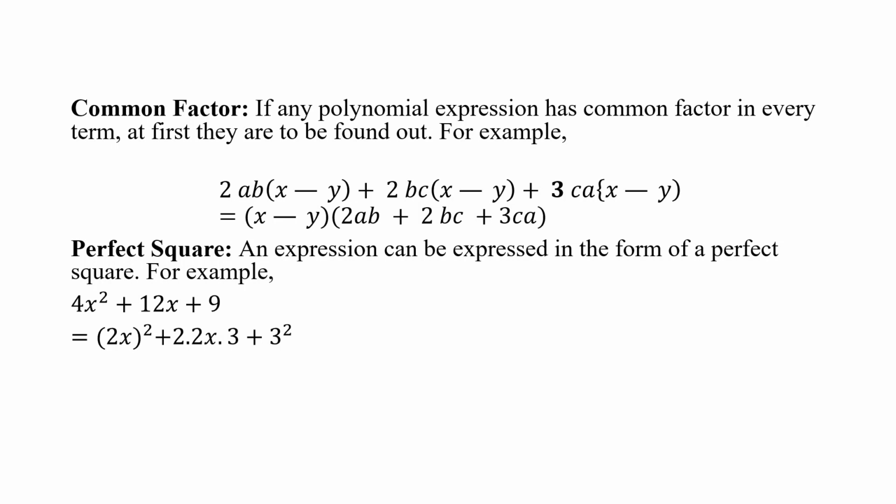So we can write (2x plus 3) whole square, and (2x plus 3) whole square means (2x plus 3) into (2x plus 3). So in perfect square, we can factorize 4x square plus 12x plus 9 as (2x plus 3)(2x plus 3).